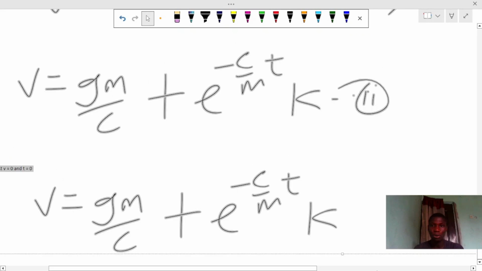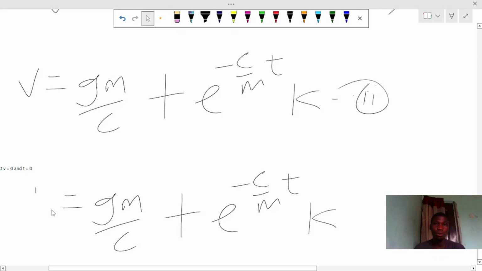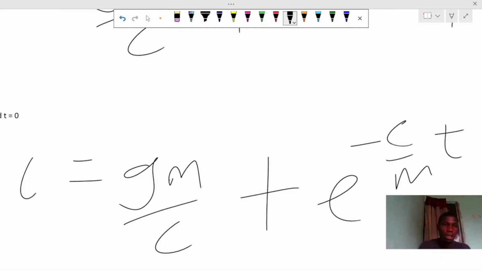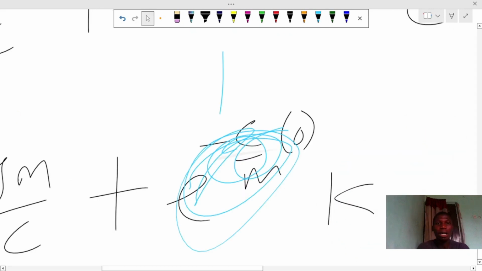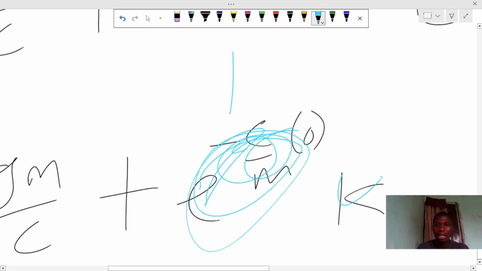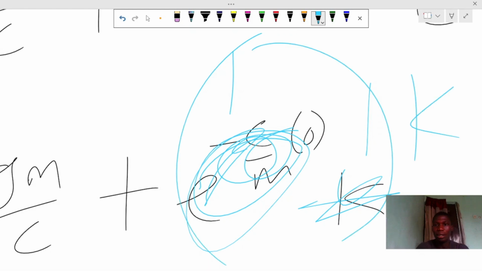So this will be 0, that will be 0, and another 0. This t here will be 0, and of course when 0 multiplies this, it will be 0, and anything with the power of 0 will give us 1, so everything here will end up as 1. So 1 multiplied by k, everything here will just be k.